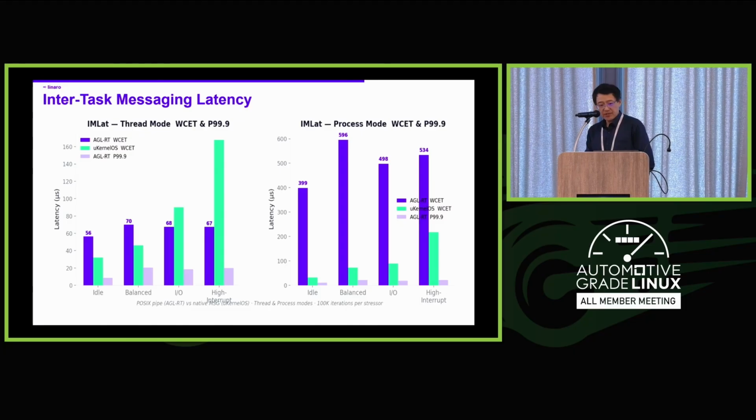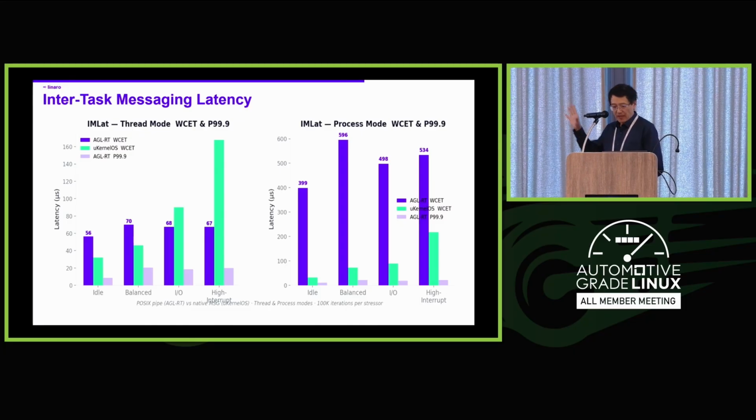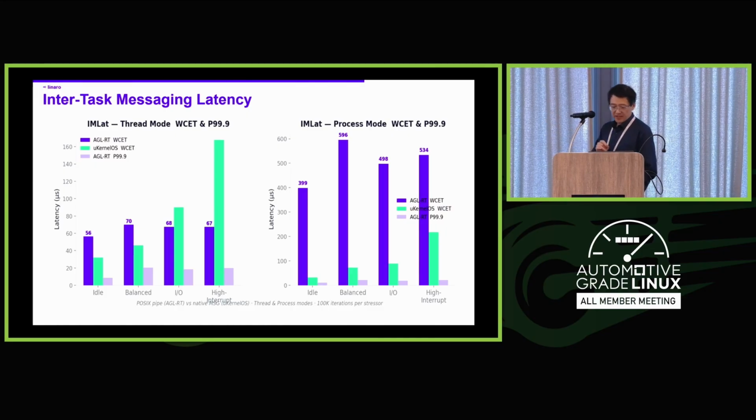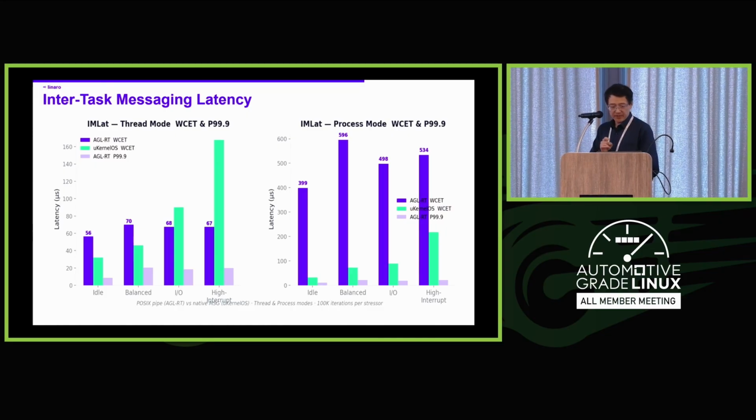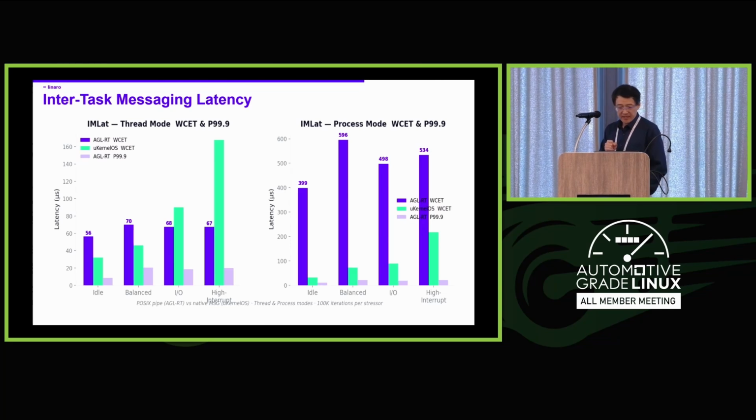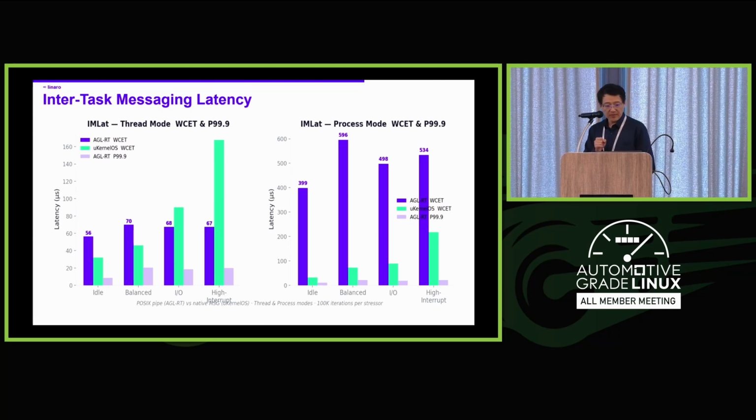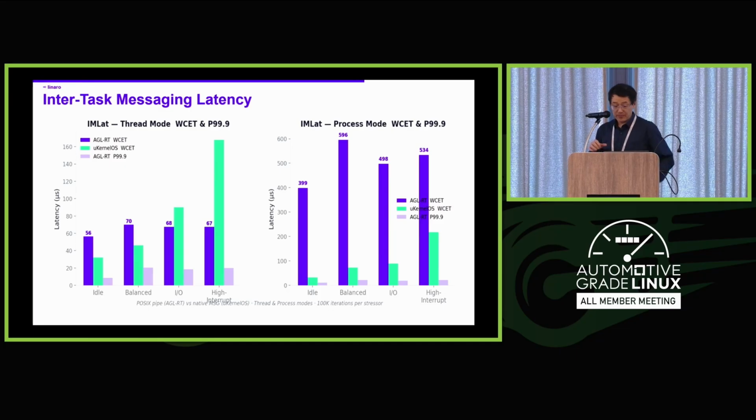The last one is messaging latency, a side by side comparison. The left side is a comparison between Linux RT and the microkernel OS, both using the POSIX pipe.